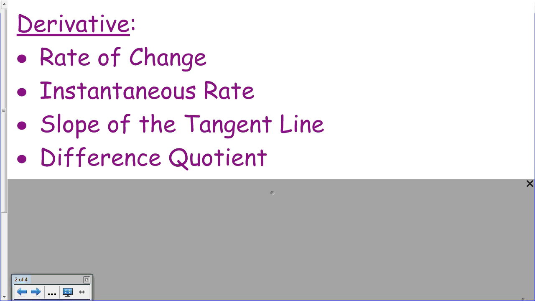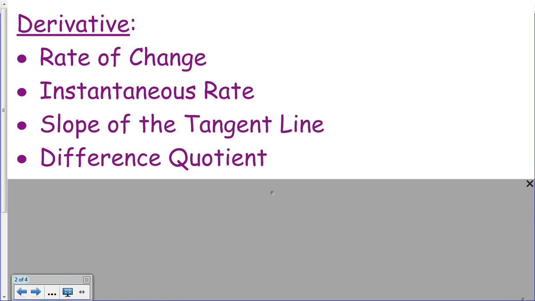Here's a new term for us, probably: difference quotient. We'll talk more about this in the next section, but another way for us to describe a derivative is a difference quotient. And what does that mean exactly? Well, if you go back to what slope is, a change in y divided by a change in x, you're dividing those two quantities. When you divide them, you get a quotient.